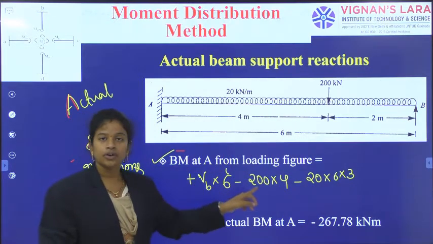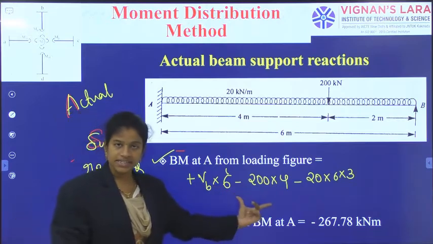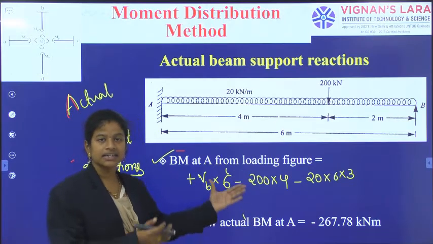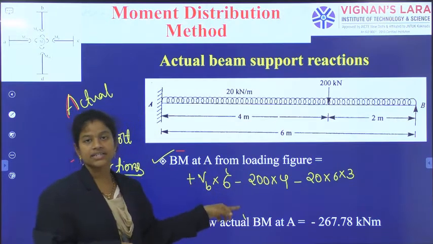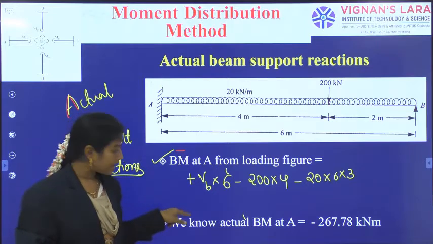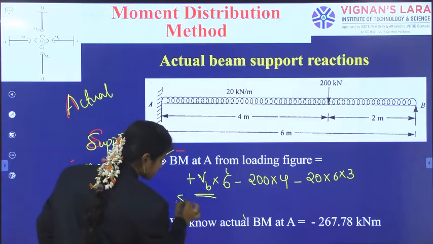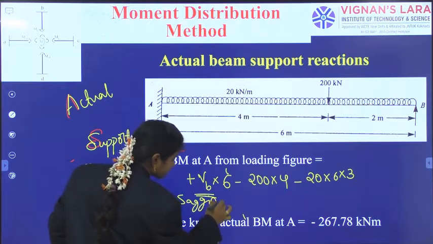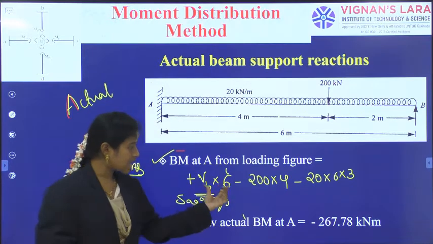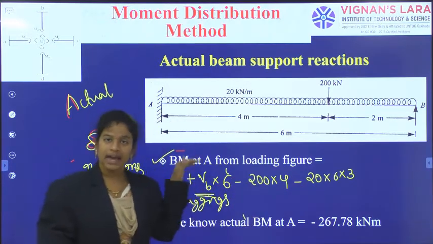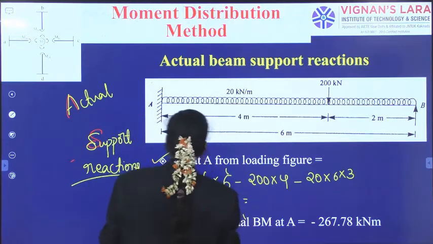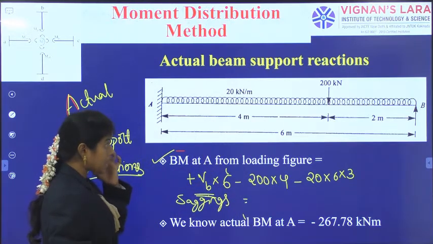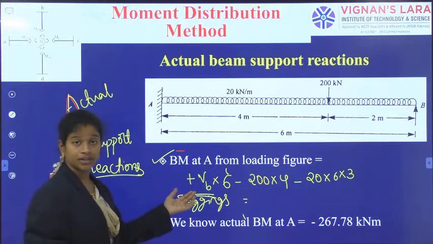Involving all these things, we can generate this answer. Sagging is equal to, as I have considered sagging as positive, right? Sagging is positive, hogging is negative. So I am indicating this is the support moment, and this VB is the unknown here.